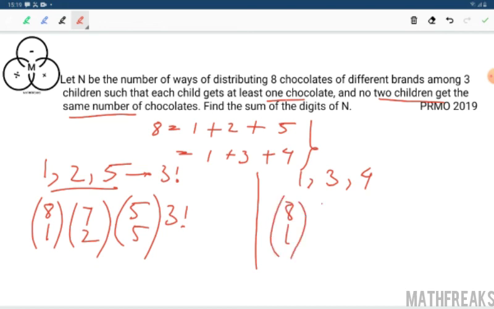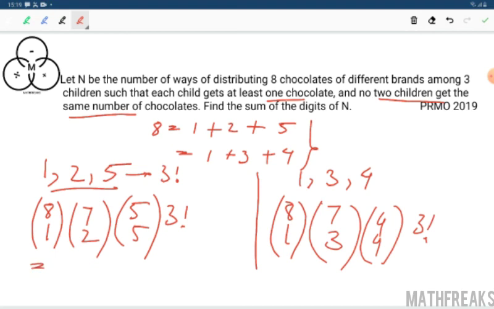Similarly for this expression also: 8 choose 1, 7 choose 3, 4 choose 4 into 3 factorial. We need to just find it. This is 8 factorial over 2 factorial, 5 factorial multiplied by 3 factorial.